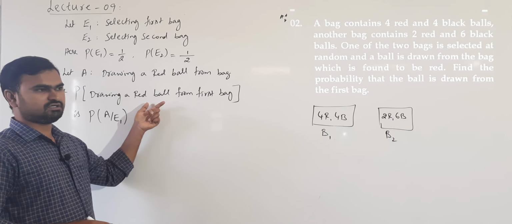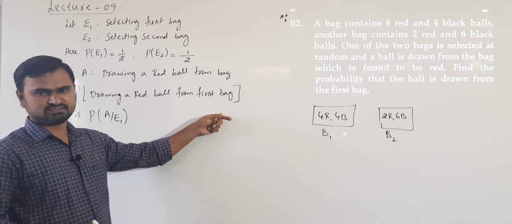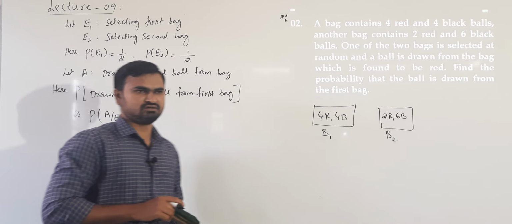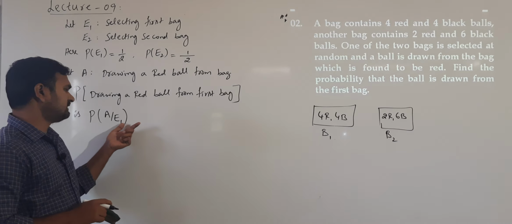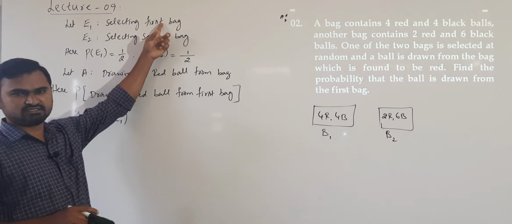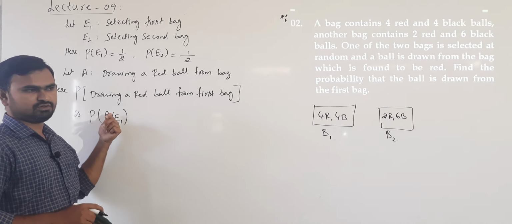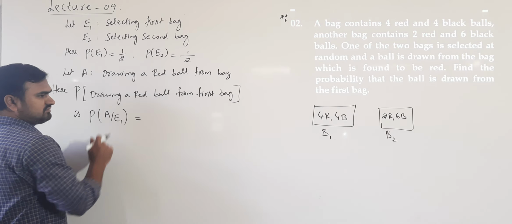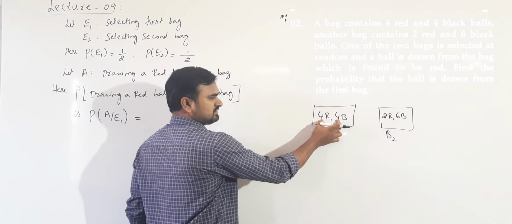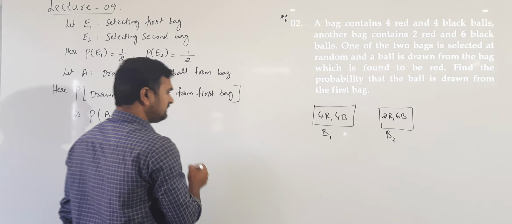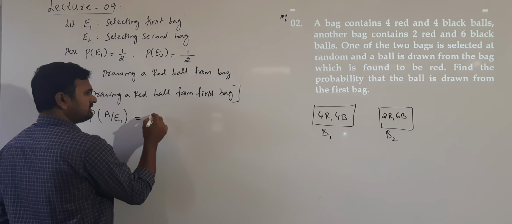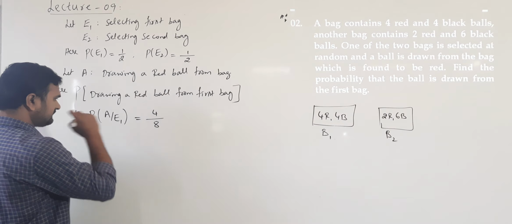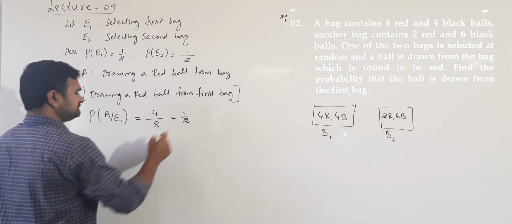So what is the probability of drawing a red ball from the first bag? First you have to select the first bag, and in that we draw a red ball. Given that E1 has already occurred, already we selected the first bag, what is the probability of getting a red ball? It is P of A given E1. If I select the first bag, what is the chance of getting a red ball? Total 8 balls are there, and 4 are in favor. So it is 4 by 8, which is 1 by 2.